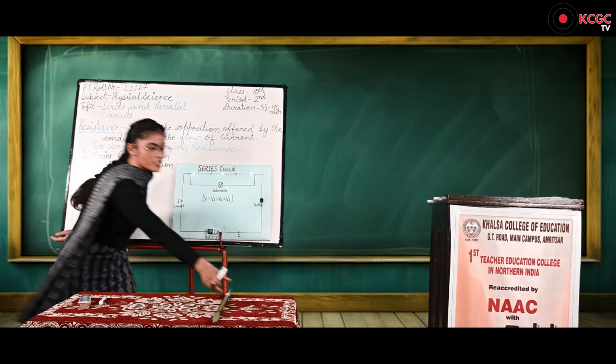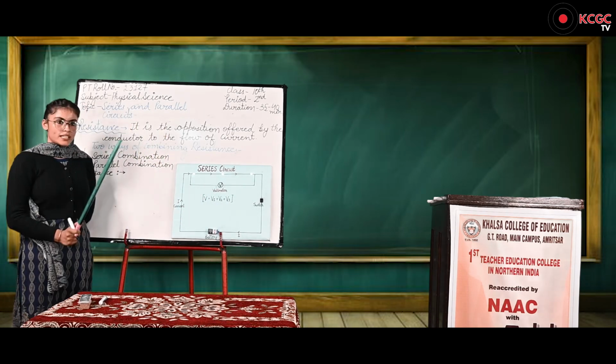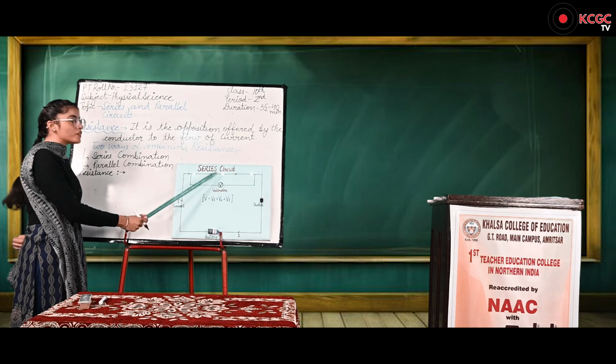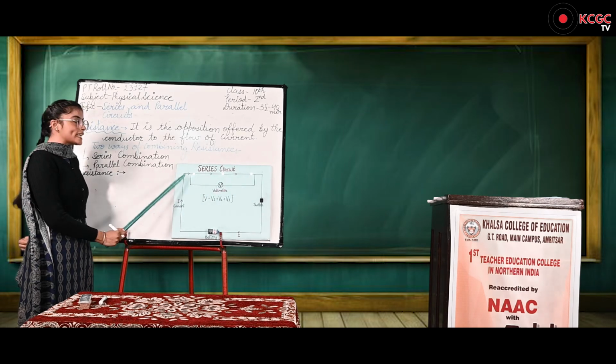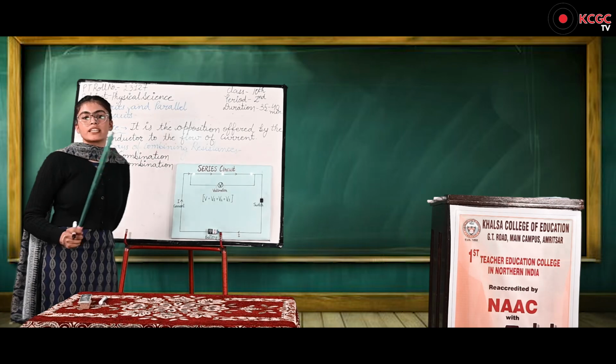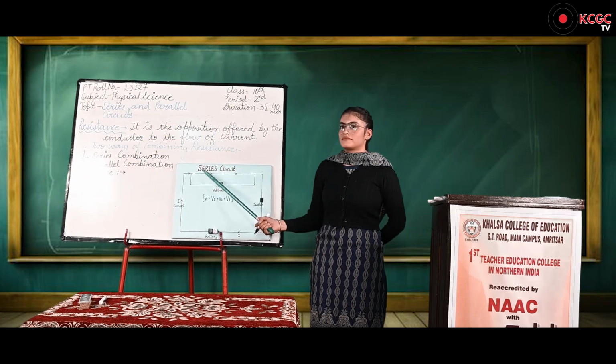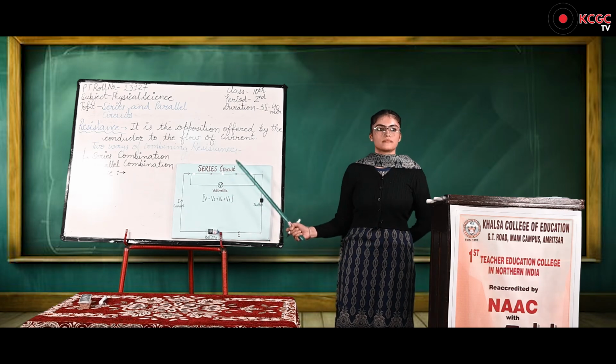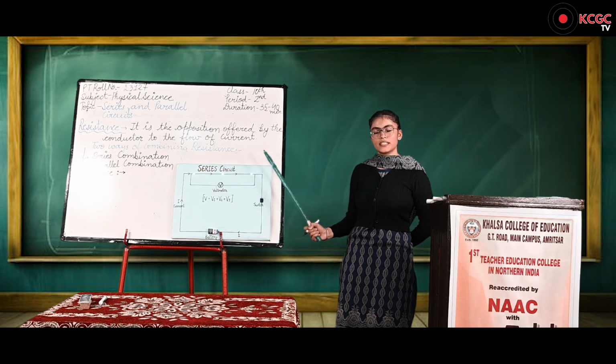This voltage will be divided into V1, V2 and V3, and these three bulbs will offer three resistances. How? This bulb will offer resistance R1, this will offer R2 and this will offer R3.